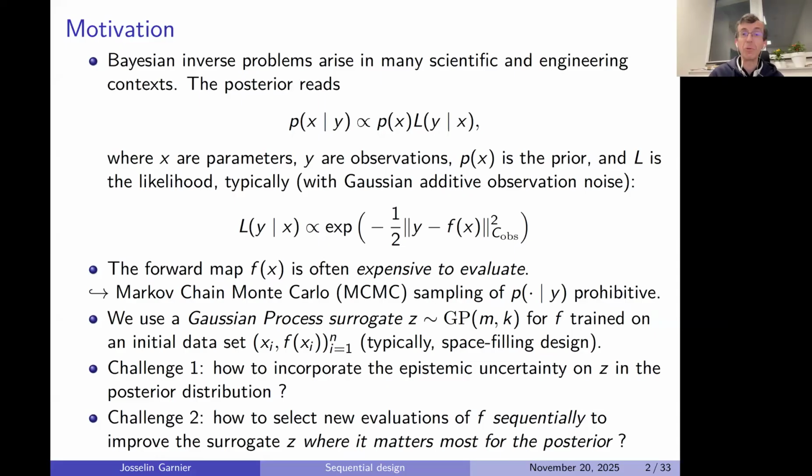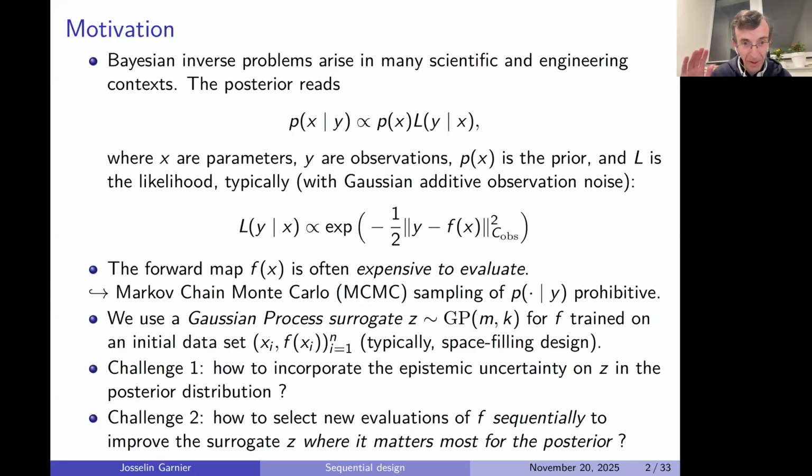If we are allowed to call the function f as many times as we want, something that can be done readily is to use a Markov chain Monte Carlo method to sample the posterior distribution. Then you can process this sample to get the posterior mean or other information about the posterior distribution.